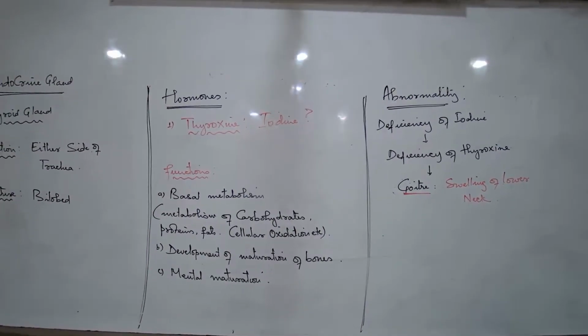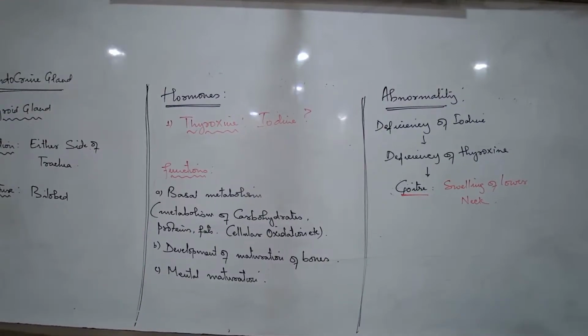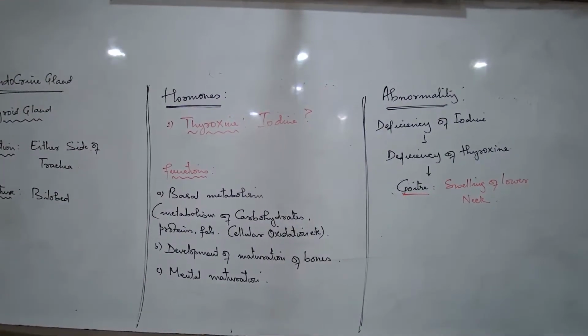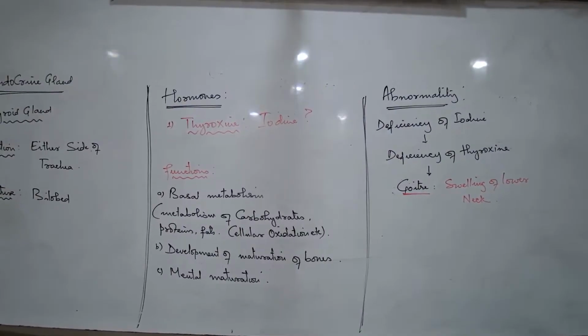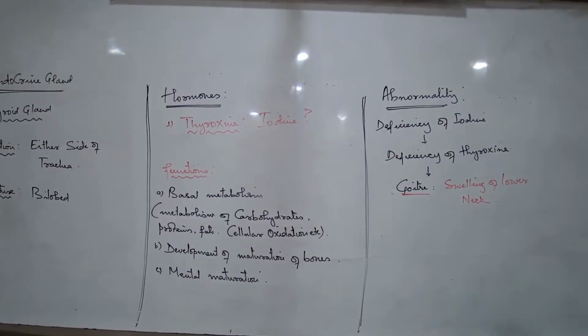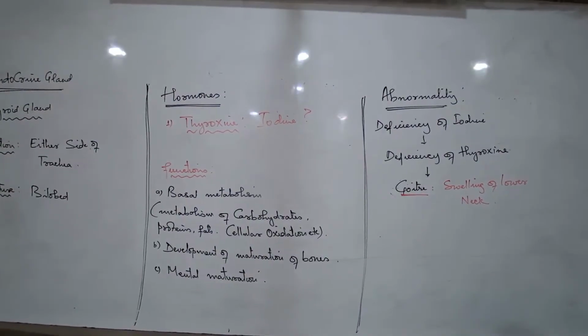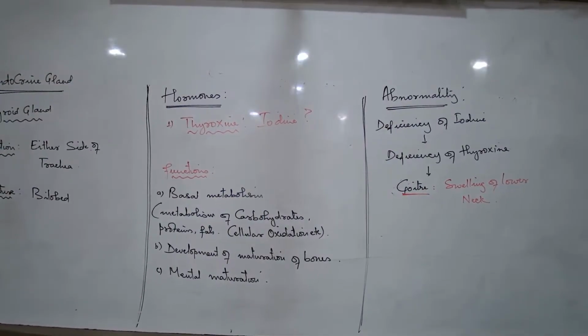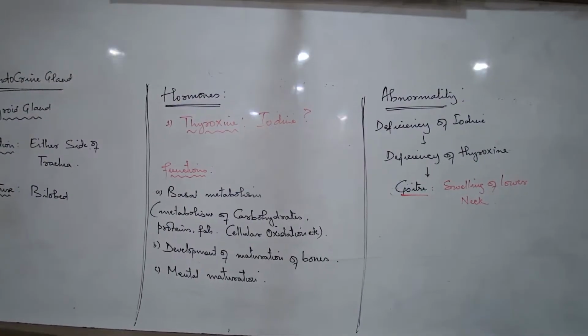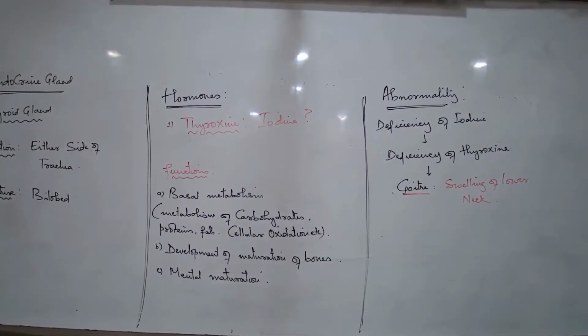Salt, definitely a source of iodine. On top of that, the seafood. People in the coastal areas also consume seafood, which is also a good source of iodine. So that's the reason people in the coastal areas are rarely known to suffer from goiter in comparison to people of the hilly areas, mountainous areas. We'll take that question and move on to the next gland.